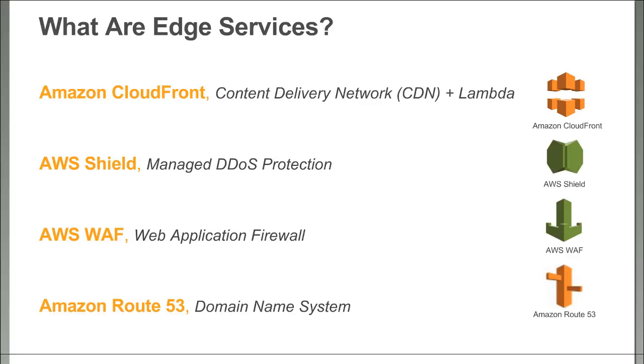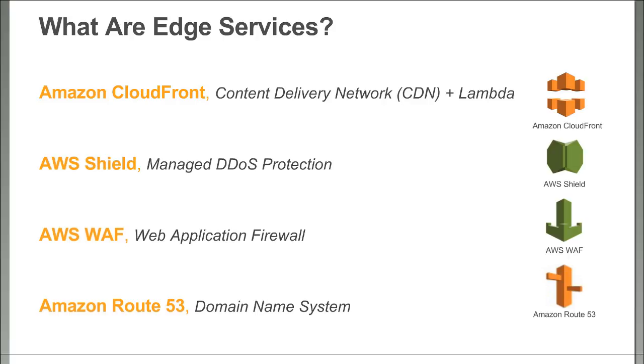Edge services are really made up of five components. One, at its core, is Amazon CloudFront, our content delivery network. Along with Amazon CloudFront is Lambda@Edge, which is our serverless compute capability that's been extended to the edge of our network and runs on CloudFront edge locations.